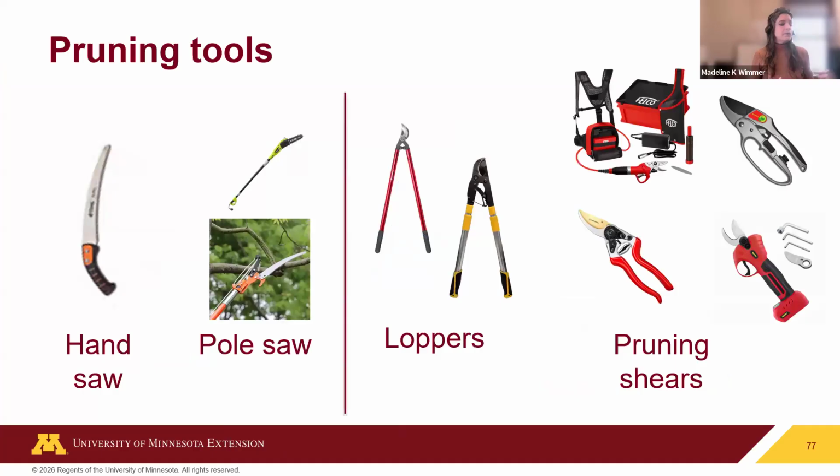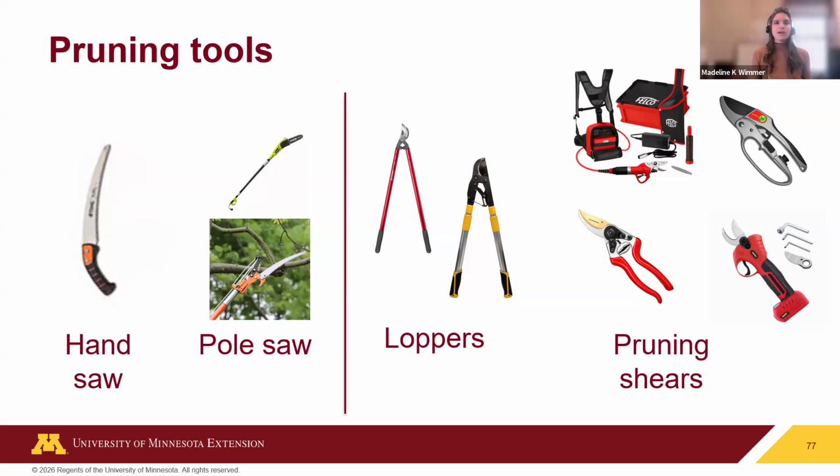And then thinking about which tools you might want to get a hold of, generally for larger branches. So, not as much for smaller fruit crops, but you'll want to think about having a good saw. There's so many different features about tools I'm not going to go into today, but making sure you have something you're comfortable with, something that folds up, something that's easy to carry.